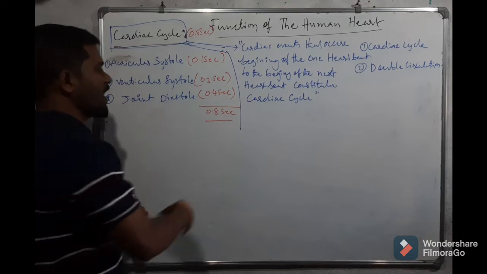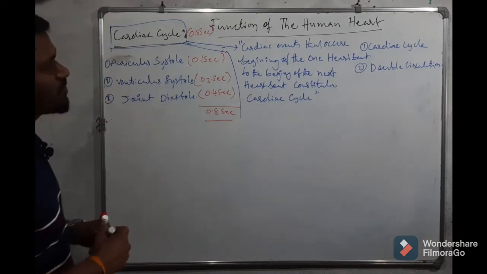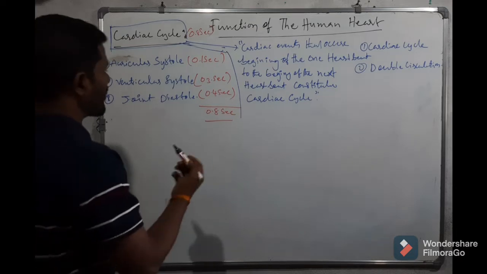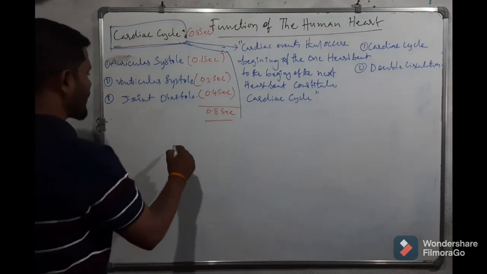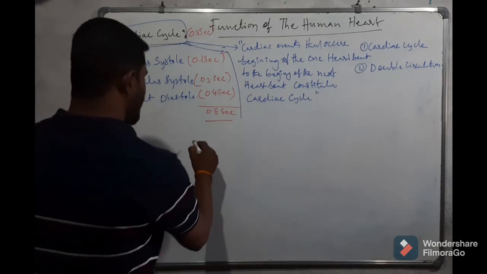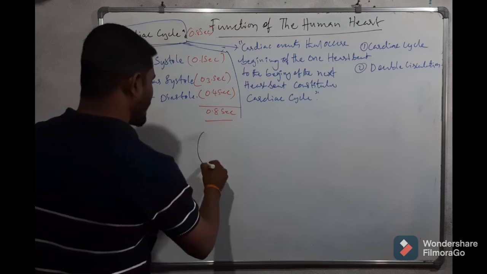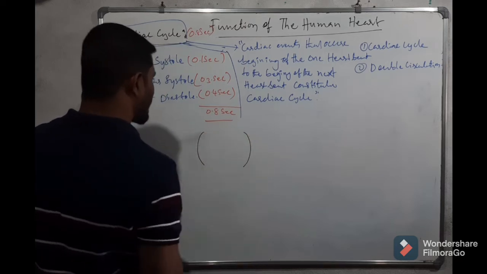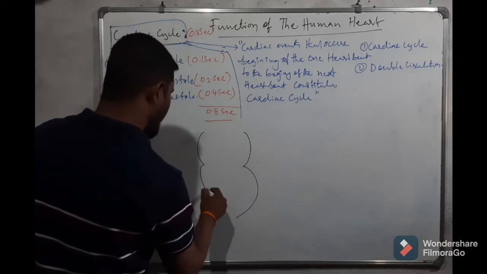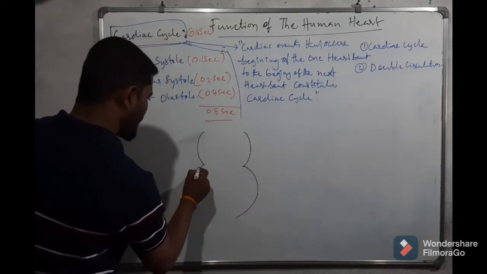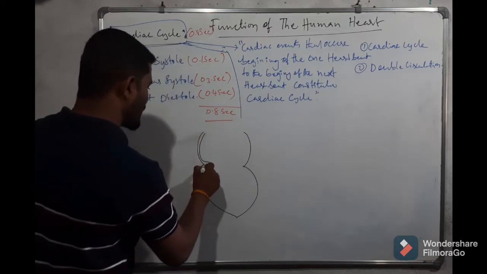We will discuss each one. To discuss these 3 steps we require a diagram, so I will draw a rough diagram which is very helpful for the discussion of the cardiac cycle. This is the heart of the human beings.